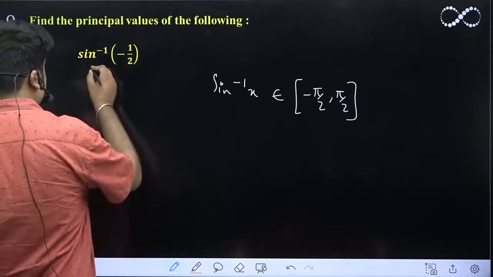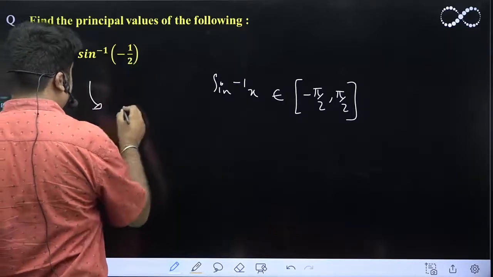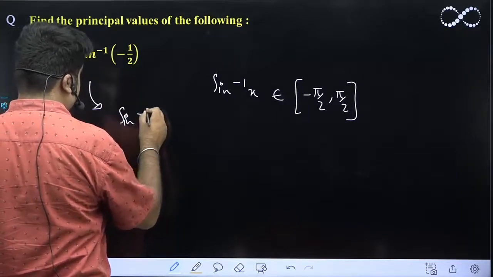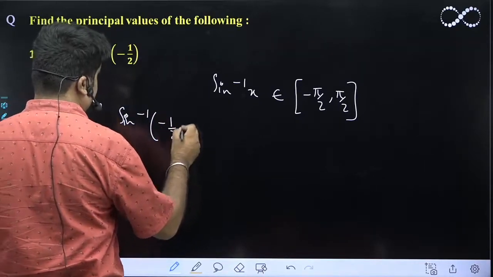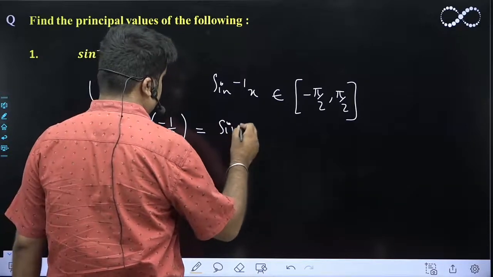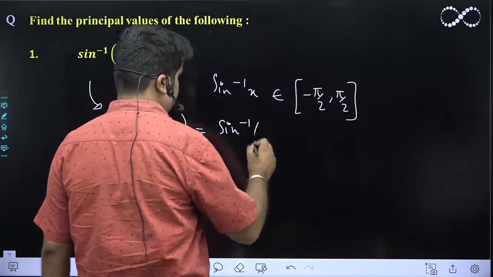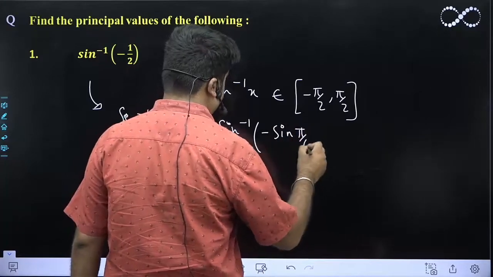So this is sine inverse minus half, which can be written as sine inverse minus sine pi by 6.